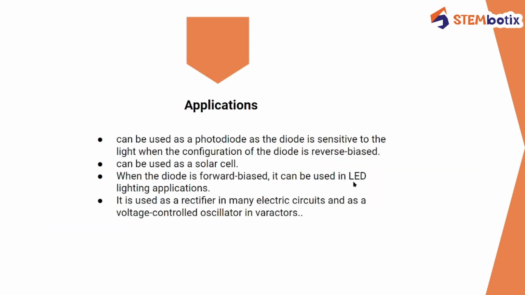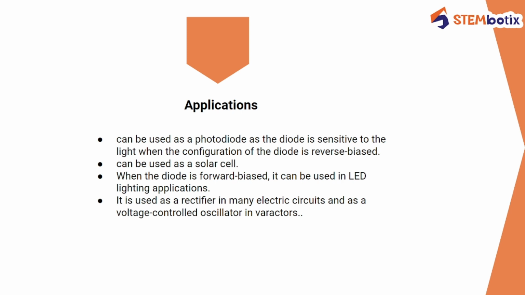So let's see the application areas of this kind of diode. These are used as photodiodes, as the diode is sensitive to light when it is in reverse bias configuration.